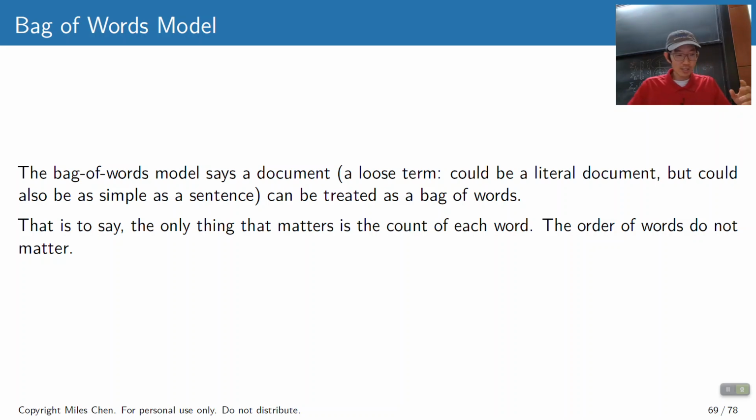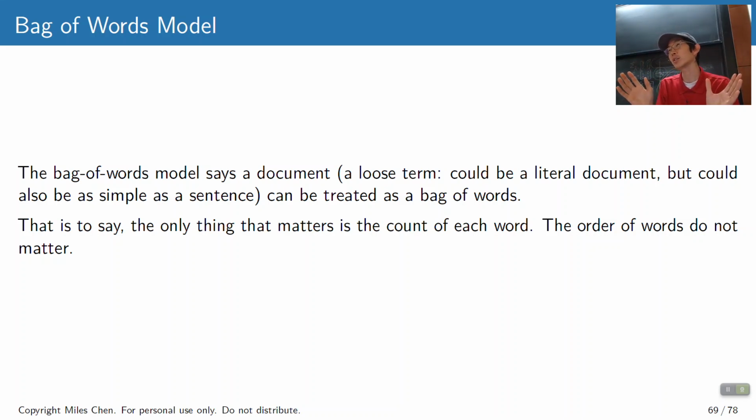The idea is, imagine like in a cartoon, you have this document with words on it, and maybe they shake the piece of paper and the words fall off the document. You shake the paper, the words fall down, and you just collect them in a bag. And so the order of the words is lost.